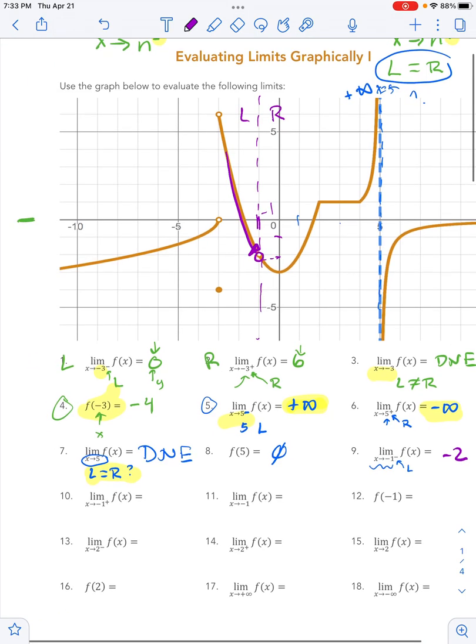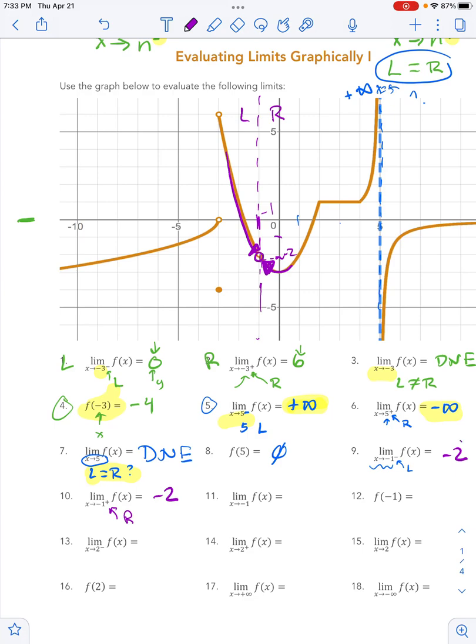How about in number 10, I'm going towards that same -1, but from the right because of the little plus sign after. So I go to the right of this -1, get on the graph, and head towards that -1 value. I'm heading towards the same open circle, which is still located at -2.